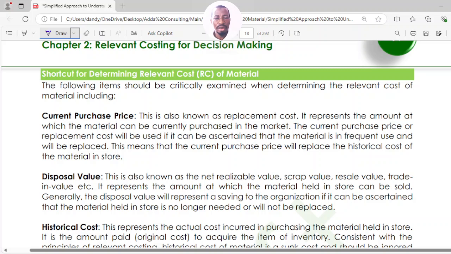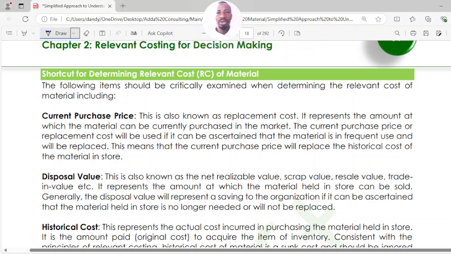But the challenge of students is that in most cases, the examiner will tell you that this material will be disposed of at a cost. In fact, the examiner can go as far as telling the student that this material is toxic. All that the examiner is trying to do is to test your understanding. So when you dispose of the material, you are not disposing at a cost.